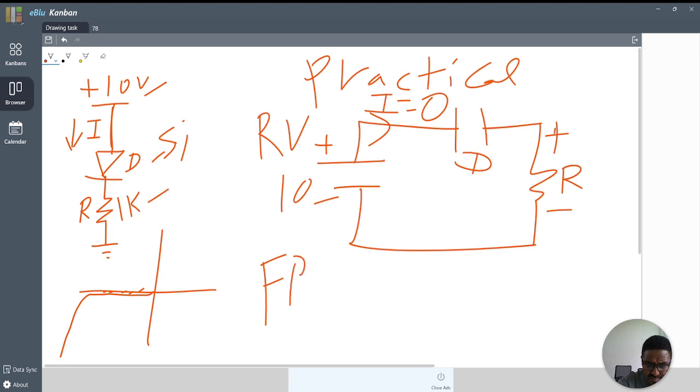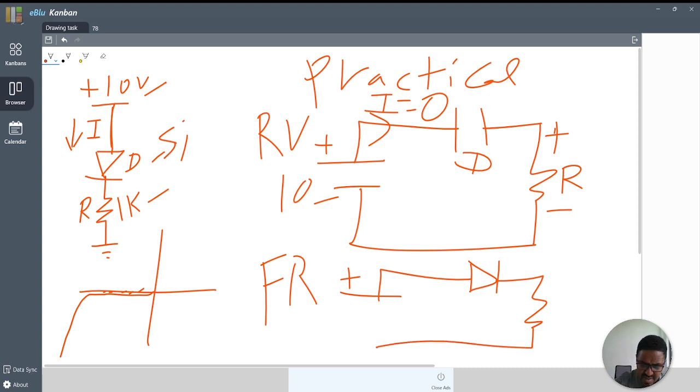But what happens during forward bias? The positive of our battery connects to the anode, and the cathode side of the diode to the resistor, and back to the negative side of the battery. During this time, a voltage drops across our resistor. The diode conducts.